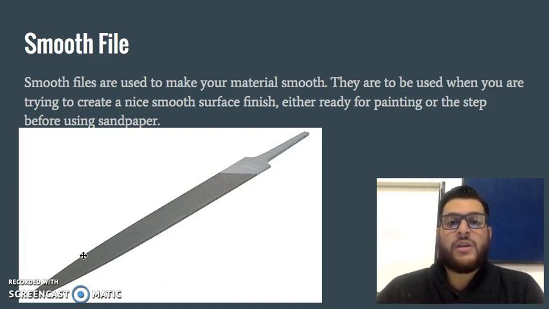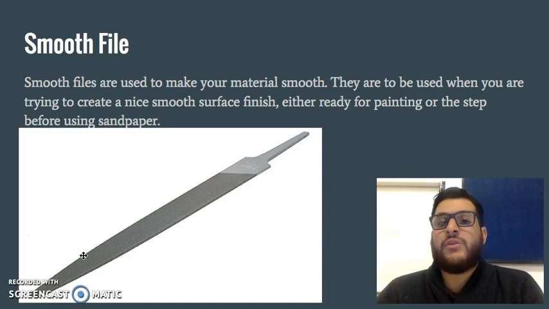Essentially, it's like sandpaper. When you use sandpaper, you start off on the really coarse stuff and move all the way to the really smooth ones. This is the smoothest file, used when you're trying to create a nice smooth finish, either ready for painting or as the step before using sandpaper. You can use a file to get your timber as smooth as possible, and then progress onto sandpaper to get it even smoother.